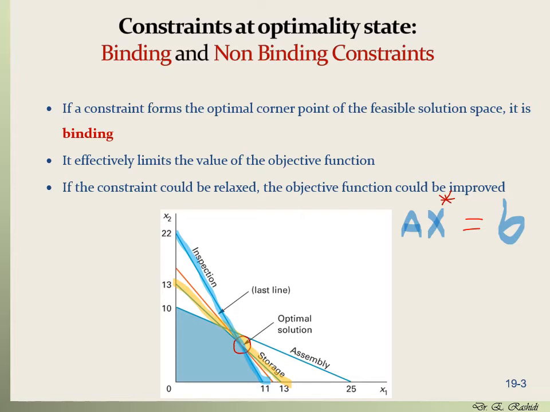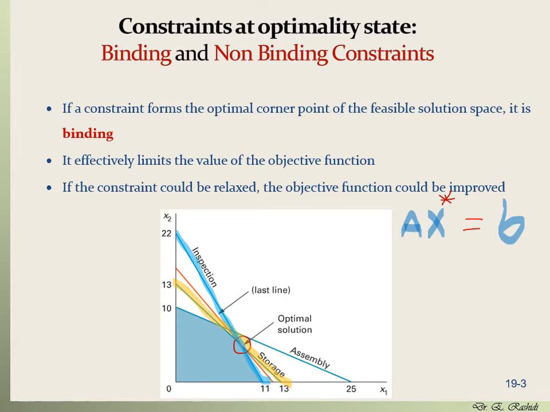This is not true for the non-binding constraint. For the non-binding constraint, if you have a less than inequality and you substitute the optimal solution, the left-hand side would be strictly less than the right-hand side. Okay, this is actually very important.